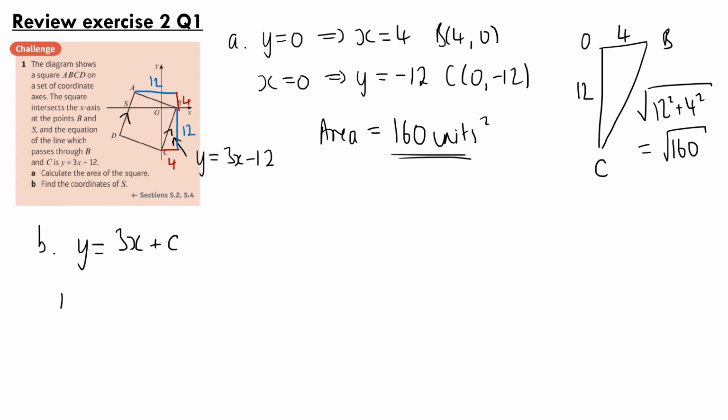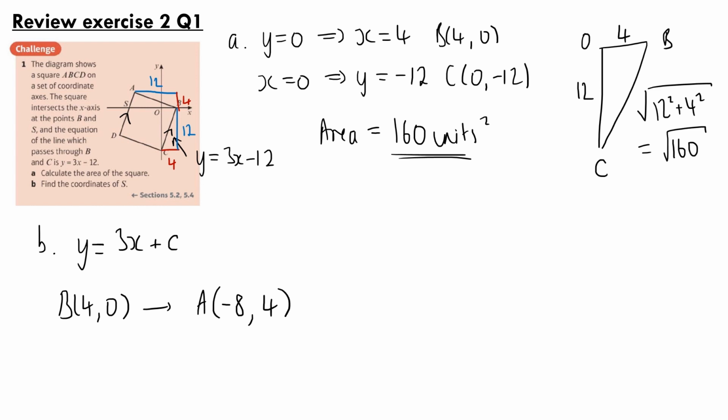And as we know, B's coordinates are (4, 0). We're going to add 4 to the y coordinate of B to get A's y coordinate, and then take away 12 to get A's x coordinate, which will give us minus 8. And so these are the coordinates of A.